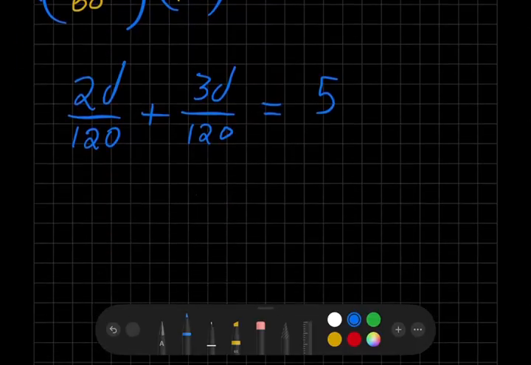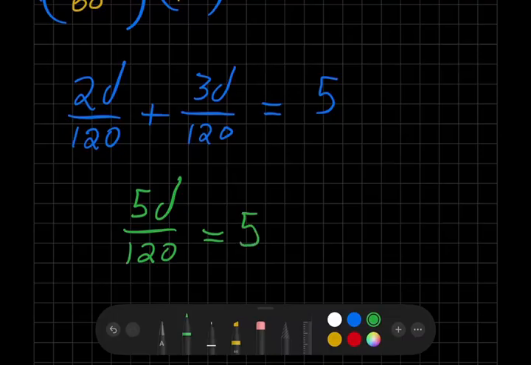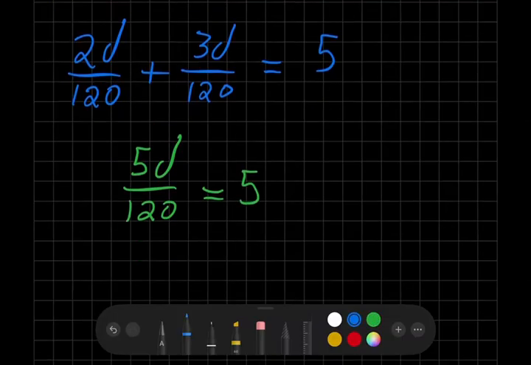Now we can add our fractions together. 2d plus 3d, that's 5d. 5d over 120 is equal to 5. Now we want to solve for d. So that means getting d by itself. There's two operations being done to d. It's being multiplied by 5 and it's being divided by 120.